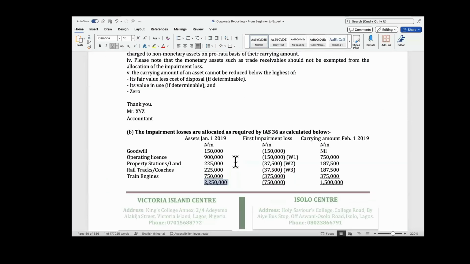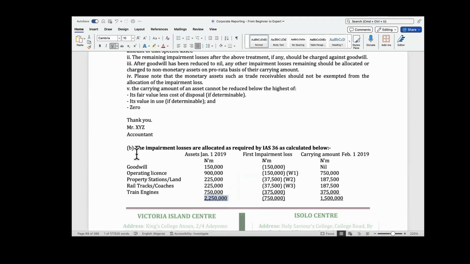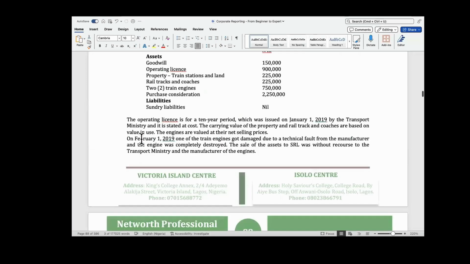So how do you then allocate it? Don't forget, the way we allocate is first to a physically damaged asset. Between January and February, because we are calculating this at February, was there any damaged asset? Yes, on February 1st, one of the twin engines got damaged.